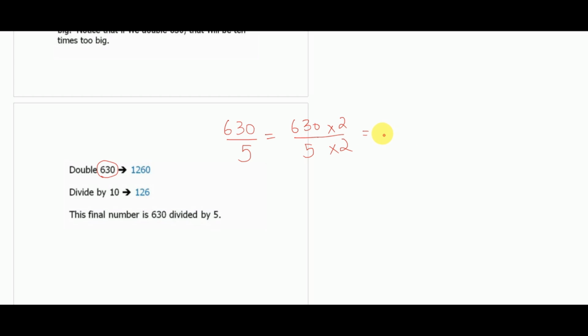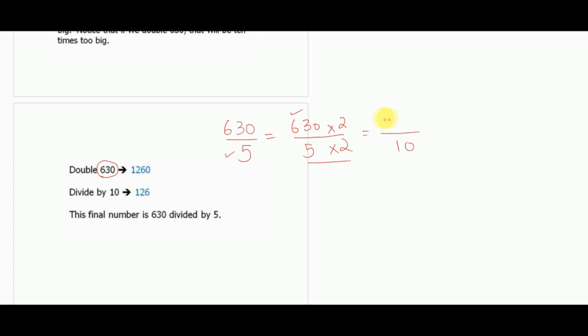When you multiply both the numerator and the denominator by 2, we'll deal with the numerator later, but let's think about the denominator. In the denominator you get 10, and we know that multiplying or dividing by 10 is very easy. That's why, in terms of 5, we are doubling it, and at the same time we have to double the numerator as well. So what do we get?